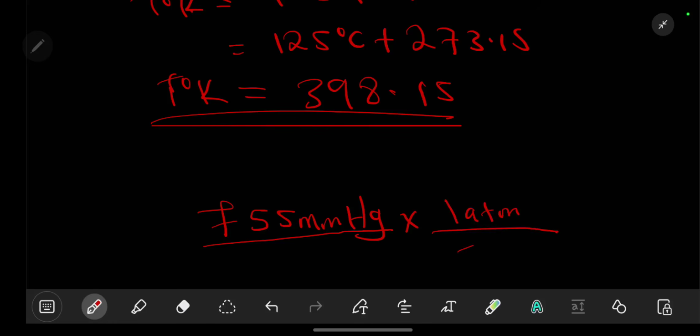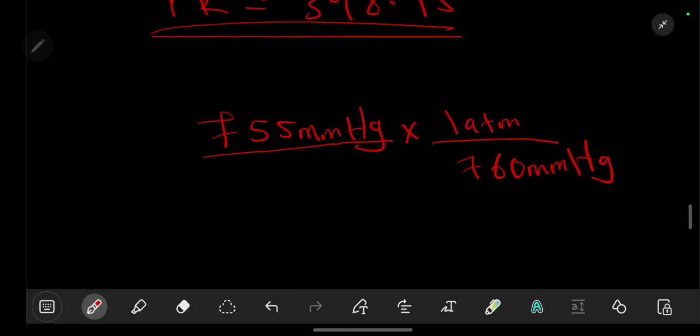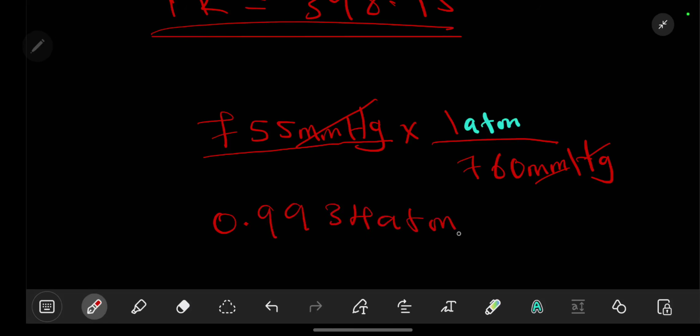In 1 atmosphere, there is exactly 760 millimeters of mercury. So the units cancel and we are remaining with the unit of atmospheres. Then 755 divided by 760 will give you a value of 0.9934 atmospheres. So we have converted that.